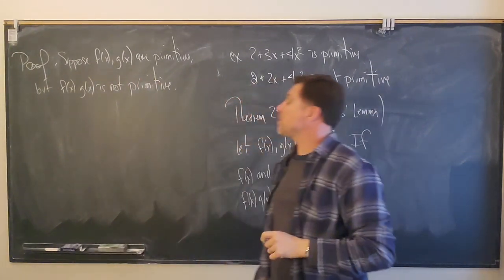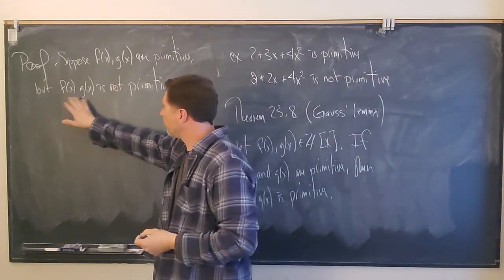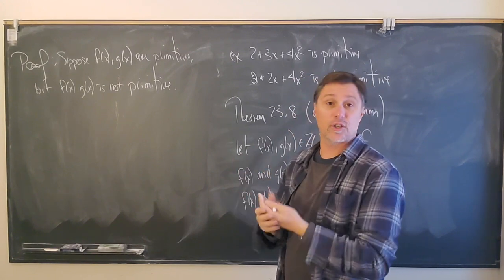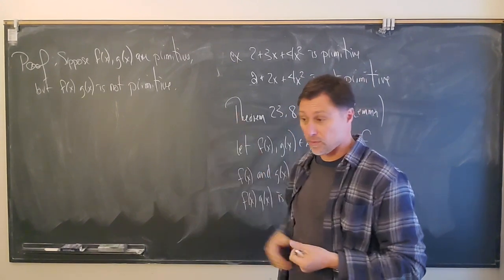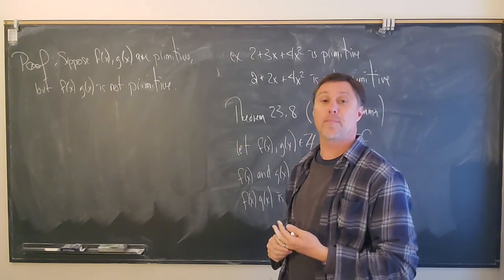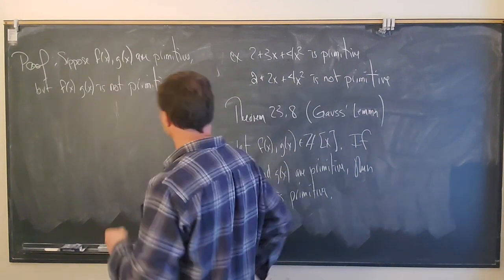So what does that mean? That means that if you take the product and look at the coefficients, there is some divisor greater than 1, a common divisor of all of the coefficients, which means that there's some prime common divisor. So it doesn't matter who it is.